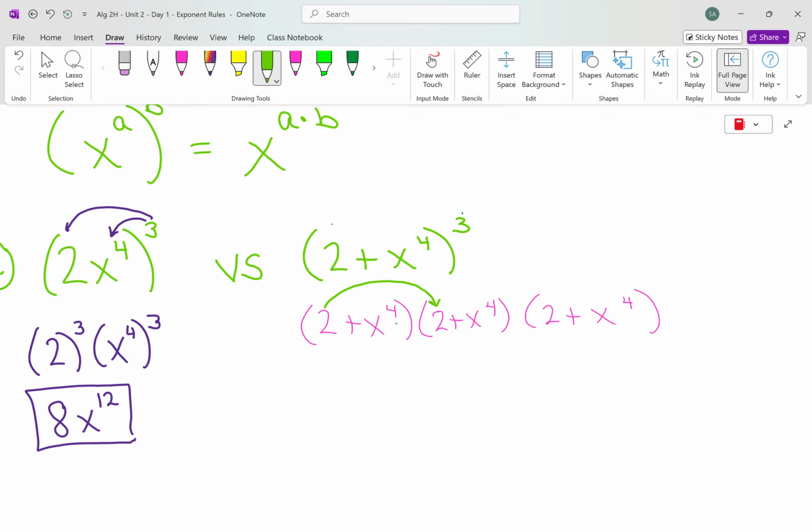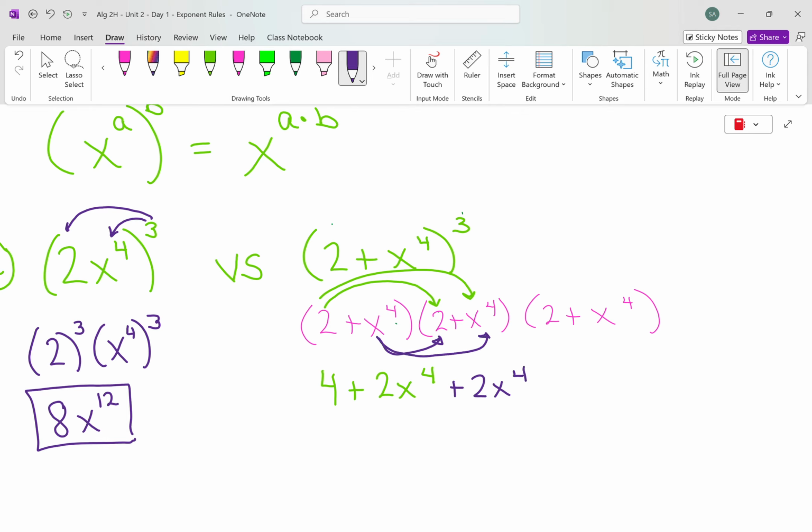I'm going to only multiply 2 at a time. So 2, remember foiling it out? Remember this? 2 times 2 is 4. 2 times x to the fourth is 2x to the fourth. x to the fourth times 2 is 2x to the fourth. x to the fourth times x to the fourth is x to the 8th.